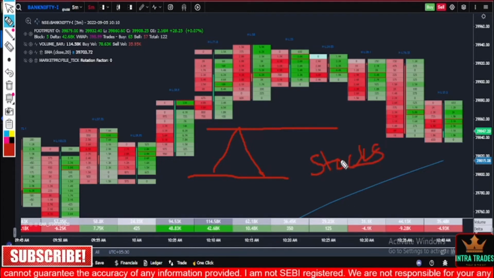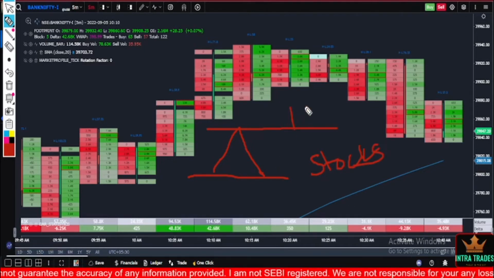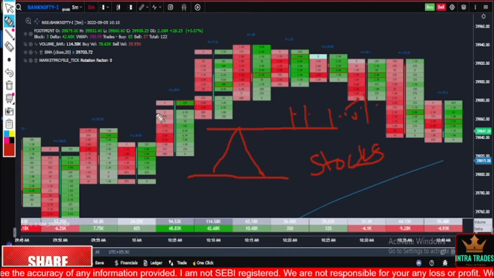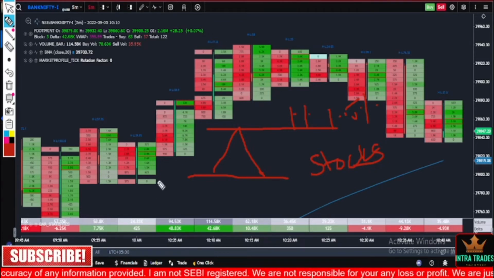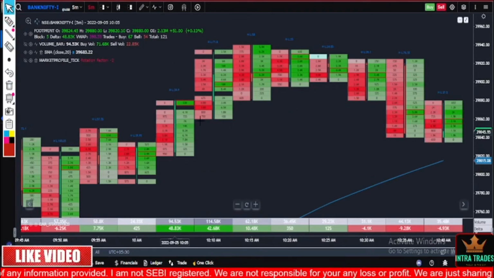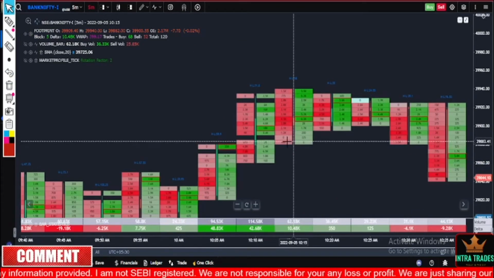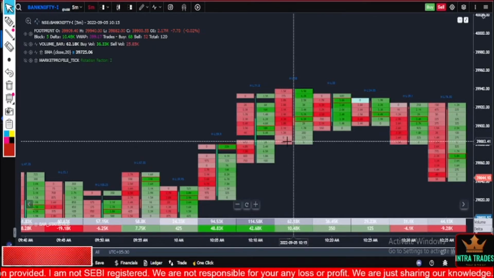For stocks, it is okay to look into 1%, 0.5%, but in Bank Nifty you don't have to look for 30 points. In the market, all you need is patience. If you are patient enough to hold a trade, you can be a successful trader.